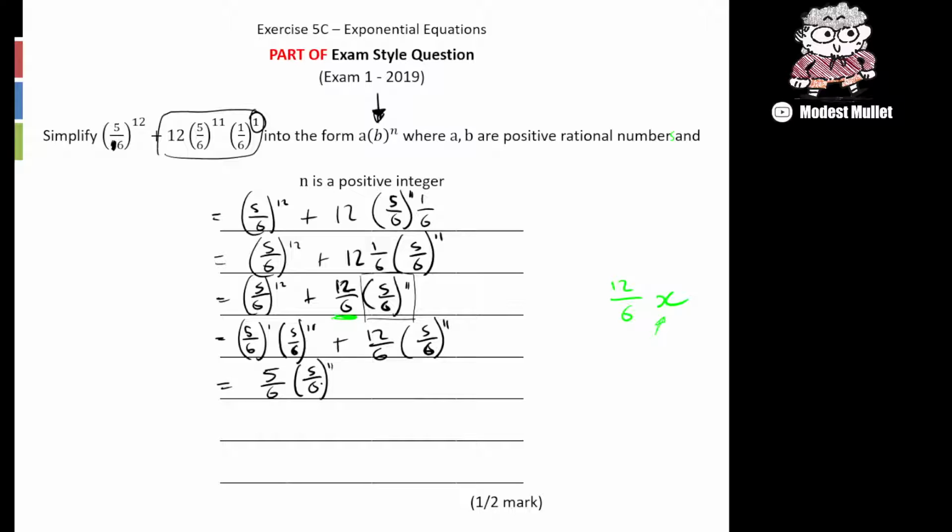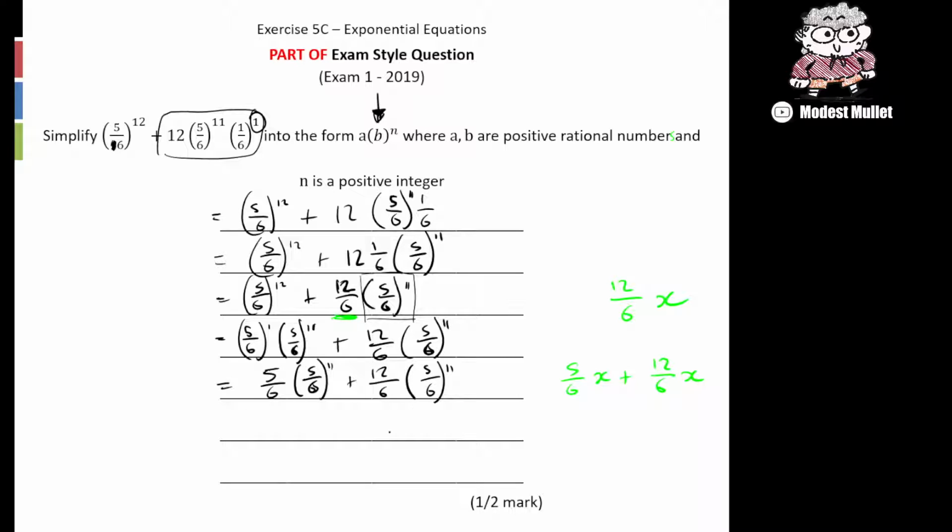So 5 on 6 to the power of 11 plus 12 on 6 times 5 on 6 to the power of 11. So we've now got, if I use my analogy of like terms, 5 on 6 x plus 12 on 6 x, where our x is just the 5 on 6 to the power of 11. So we can now combine these two because they are like terms.